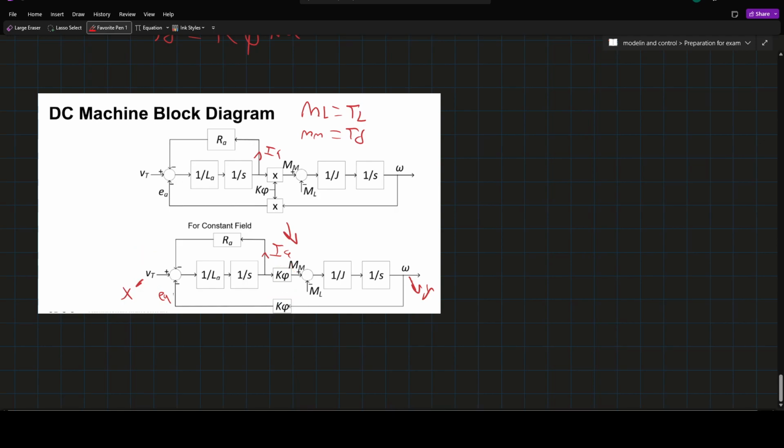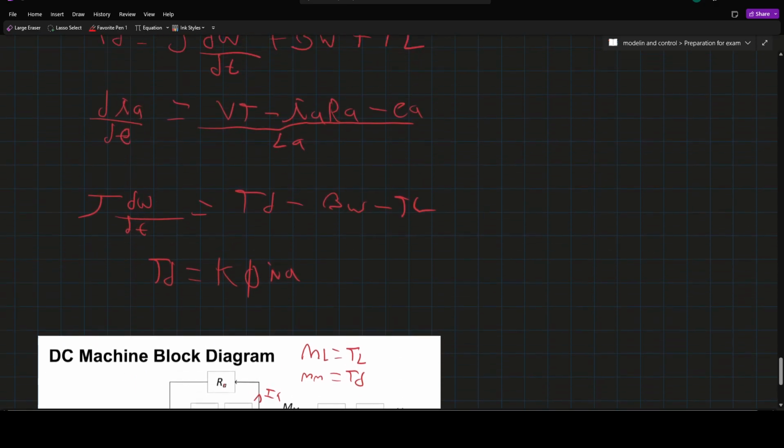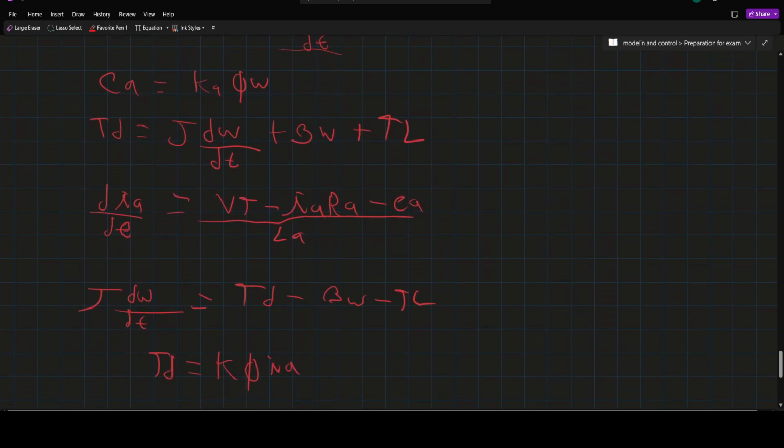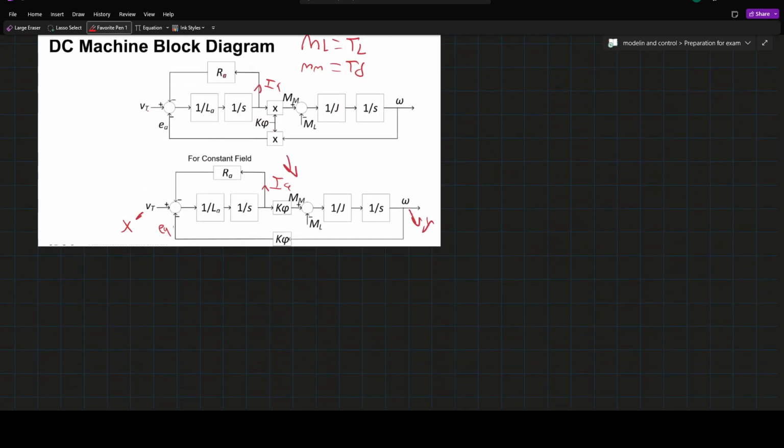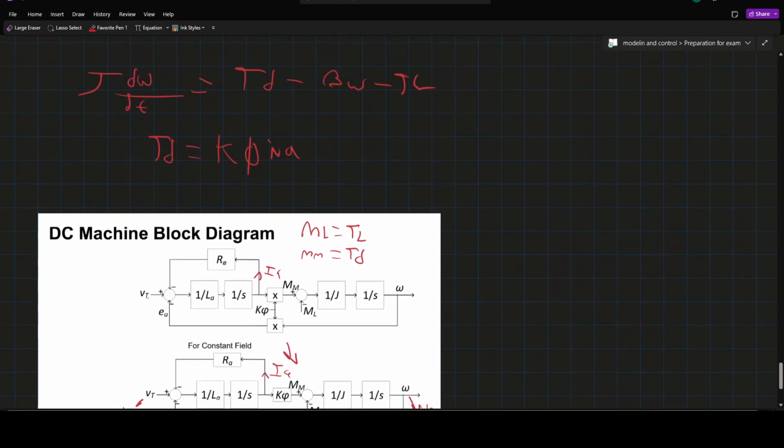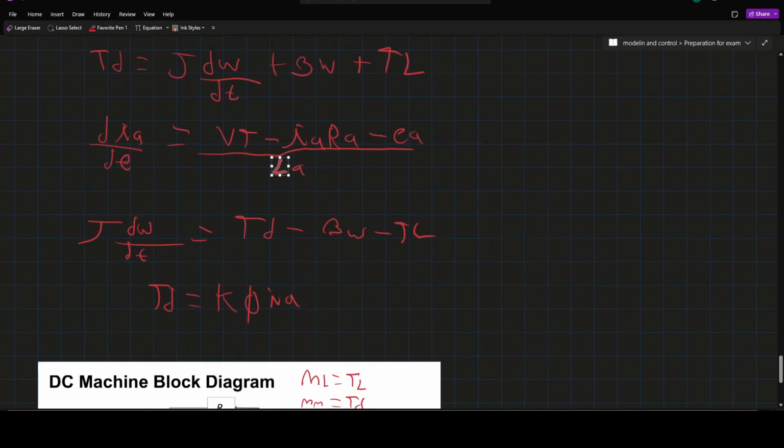Now, if we look here, we have 1 over LA, we have VT minus RA times 1 over LA, and that is what we got here, VT minus RA minus EA over LA, and that's gonna give us the dIA/dt.